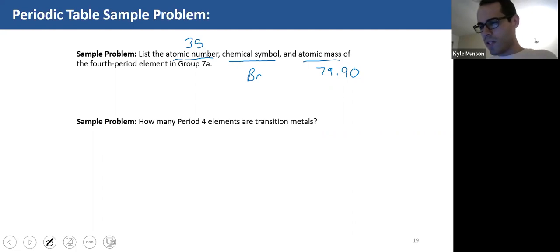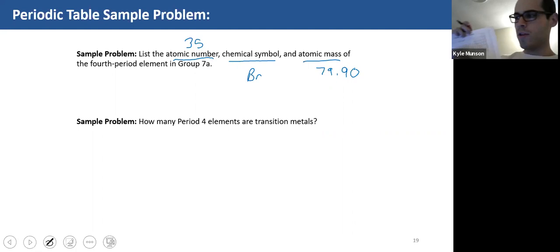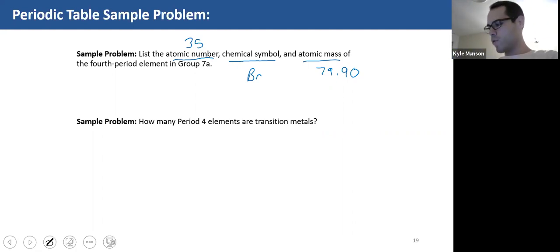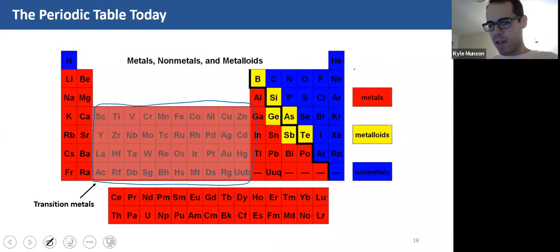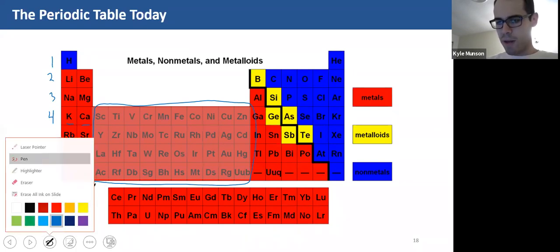So here's another question. How many period 4 elements are transition metals? So we go to row 4, okay? And then remember the transition metals are the group B elements, or the guys that are in the valley. So when I count across, or if I just go back a slide, this is period 1, period 2, period 3, period 4. Okay, these first 2 elements are not transition metals.